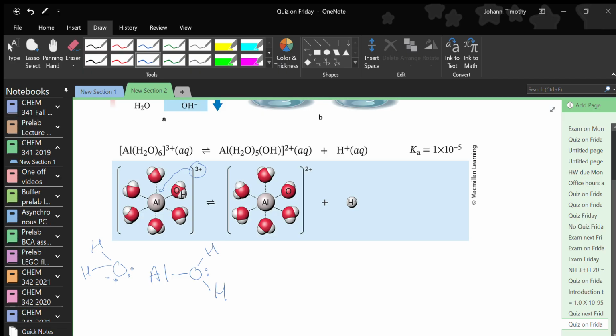Maybe not a full bond, that's why it's dashed like that. You could think about it sort of like a hydrogen bond, right? This is very positive, okay? But let's go ahead and think about that as a covalent bond right there for the moment. Or dash bond, either way works. So you've got this big +3 charge and it's pulling on these electrons. Why would a plus charge pull on electrons?